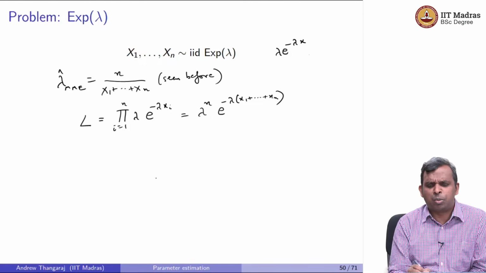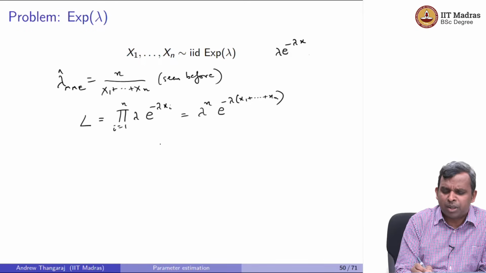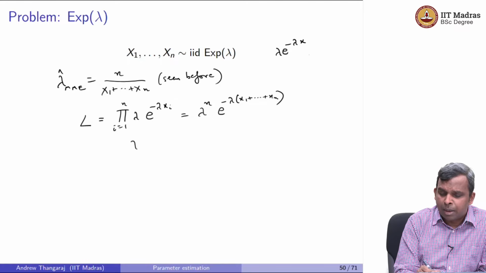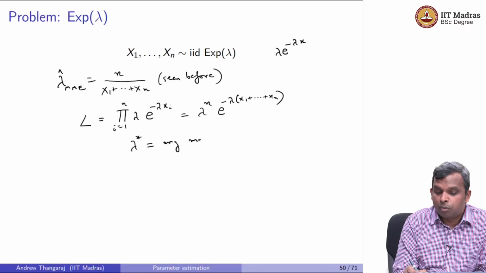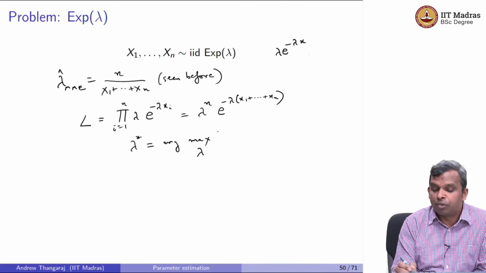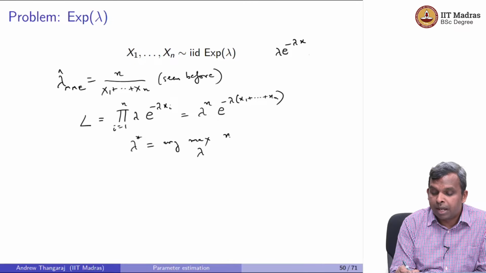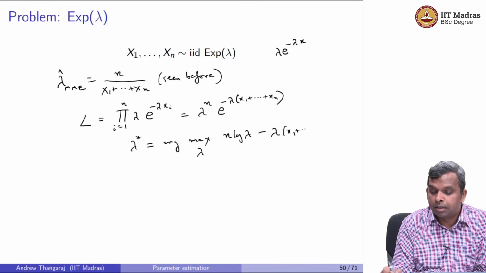It is turning out to be easy enough, right? So how do we do this? You take log, so your lambda star is going to be the argmax over lambda of the log of this, which is n times log lambda minus lambda times (x1 plus xn).